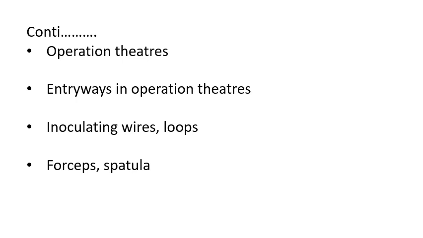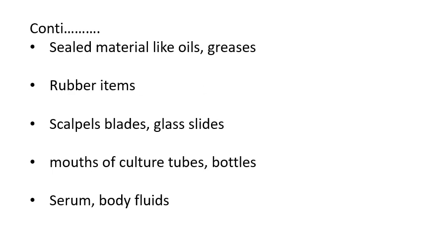And some of the inoculating loops or wires which are used in the microbiology laboratory can be sterilized by flaming. And forceps and spatula, which are also used in the microbiology laboratory. And sealed materials like oils and greases can also be sterilized in a hot air oven.